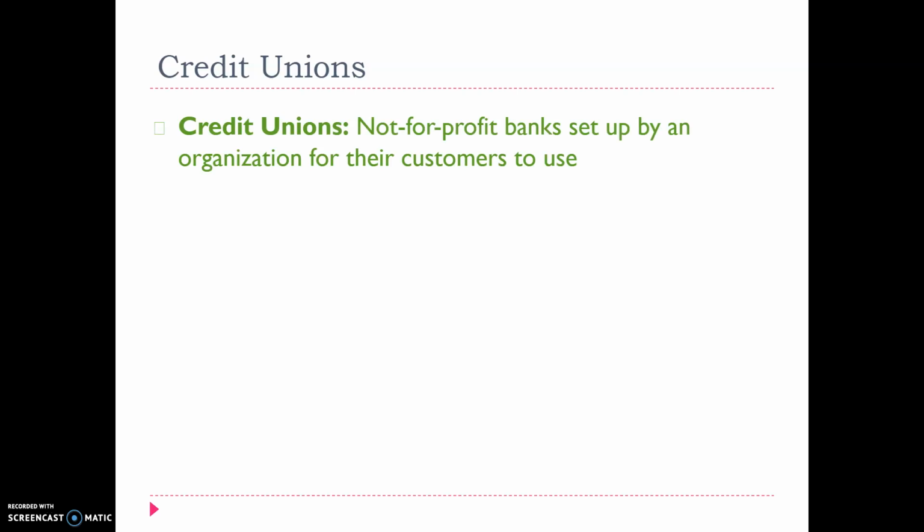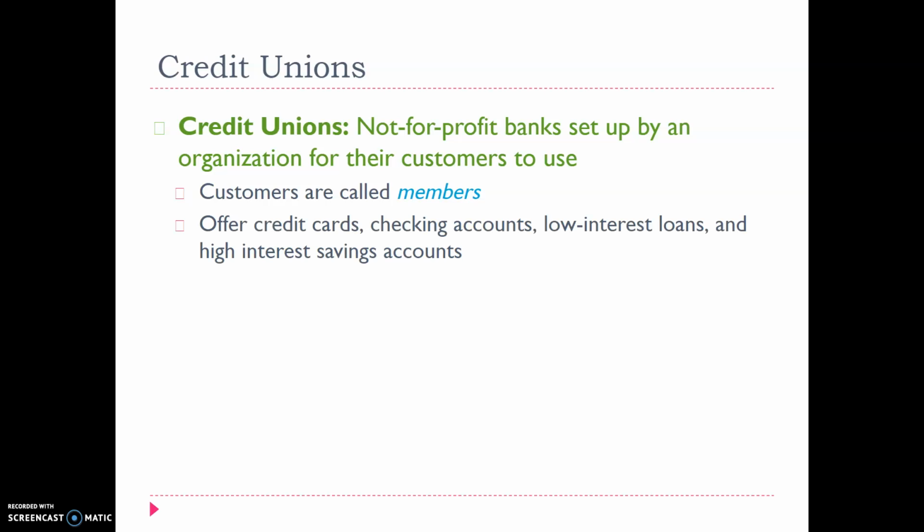The other type of financial institution is a credit union, and a credit union is a not for profit bank that's set up by an organization for their customers to use. So with a credit union, they actually call their customers members. And so with a credit union, you have to meet certain regulations.